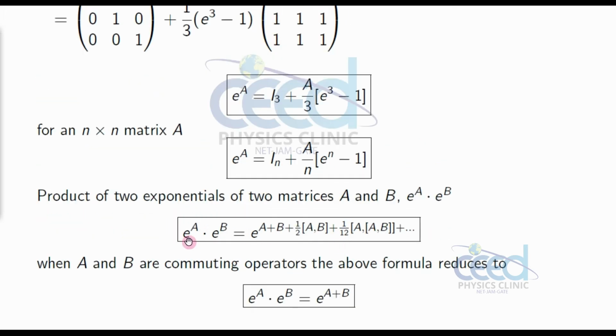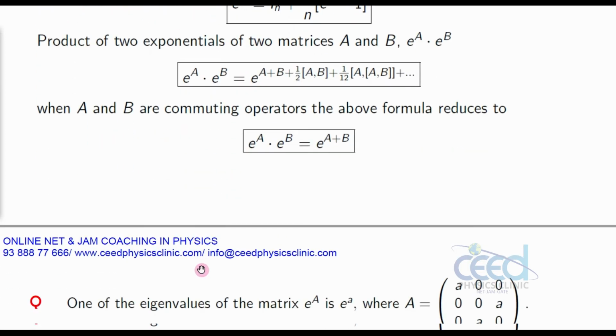This is all about the product of two exponentiated matrices. If they are commuting operators you get the result like this, otherwise you have to use this complicated result. So we are mainly focusing on this.